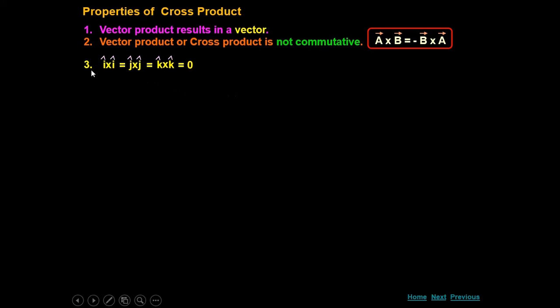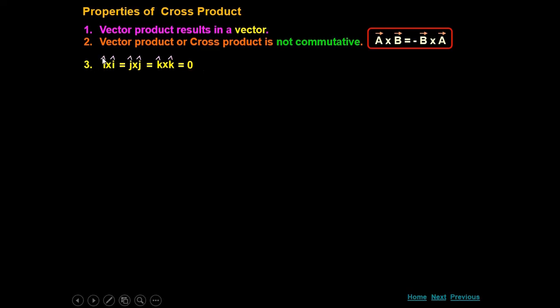And if you take the cross product of unit vectors, like i cap cross i cap equals j cap cross j cap equals k cap cross k cap, it must equal 0. Why is it 0? If you take i cap cross i cap, i is a unit vector along the x axis, and the other i is another unit vector along the same x axis.